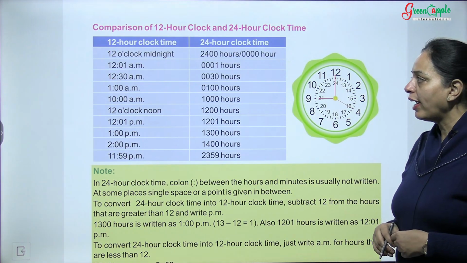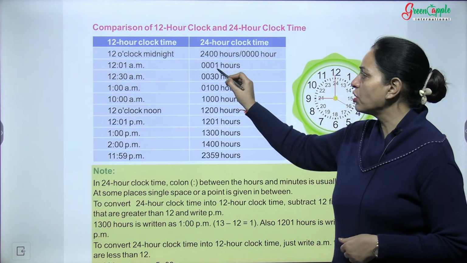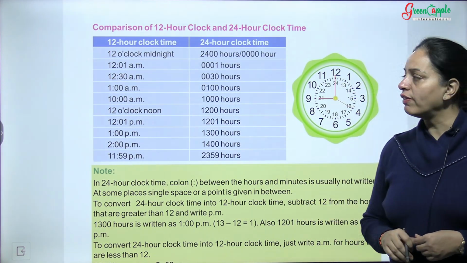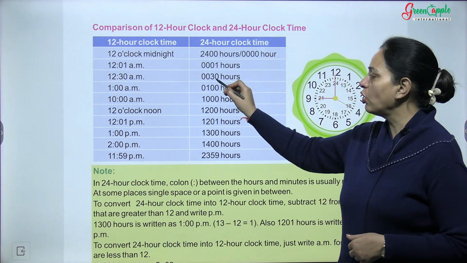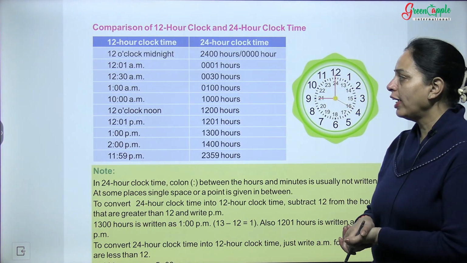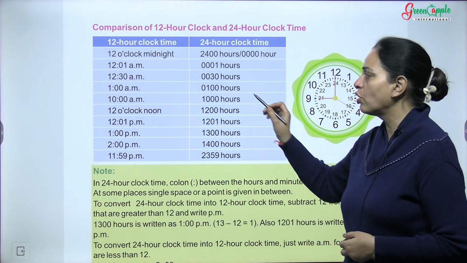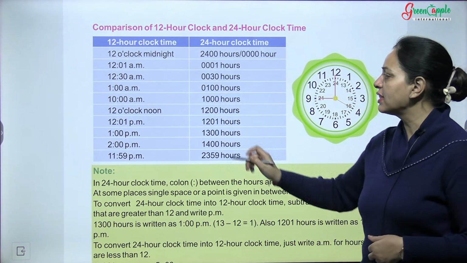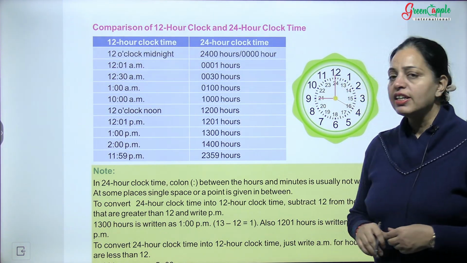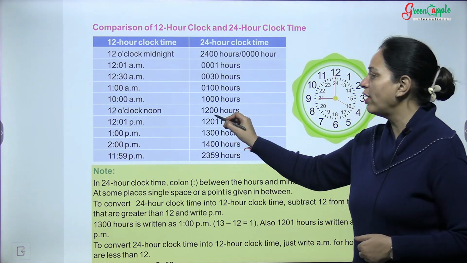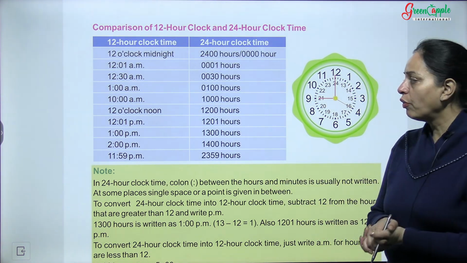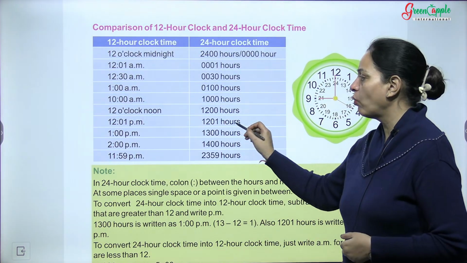Now 12:01 a.m. becomes 00:01 hours. Now 12:30 a.m., so 00:30 hours. Now 1 a.m., this is 01:00 hours. 10 a.m., this is 10:00 hours. 12 o'clock noon, so this is 12:00 hours. Now 12:01 p.m., this is 12:01 hours.